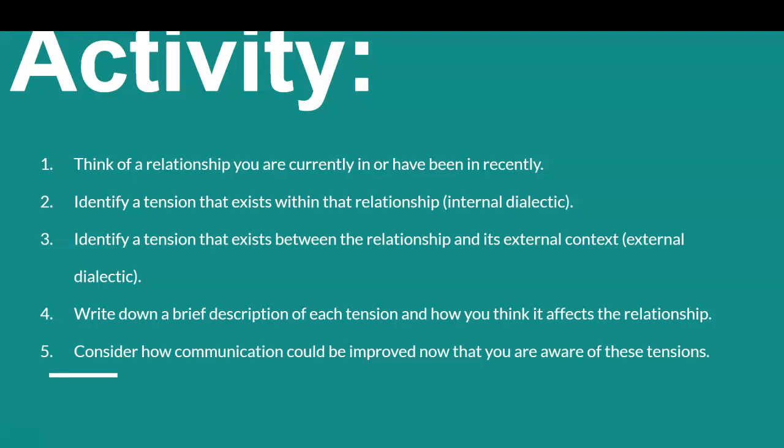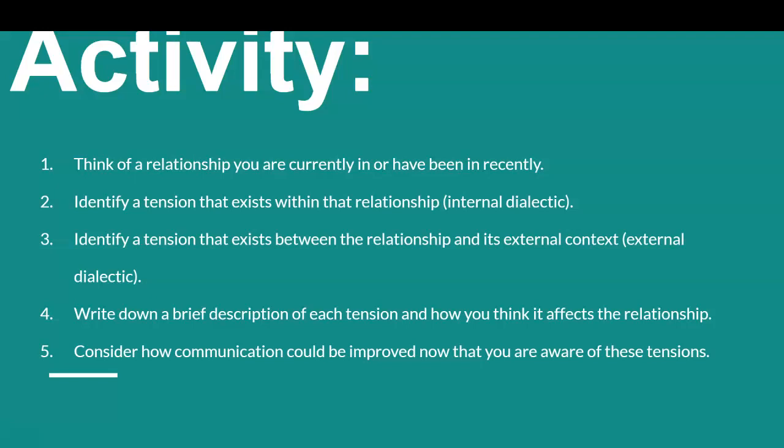This could be a romantic relationship, it could be a friendship, it could be a colleague, maybe a mother-daughter, father-son. So once you have identified that relationship, I want you to really think about a tension that exists within the relationship. So this is going to be between you and that person. What kind of tensions, and you can go back and look at the table of competing states if you're having trouble identifying that.